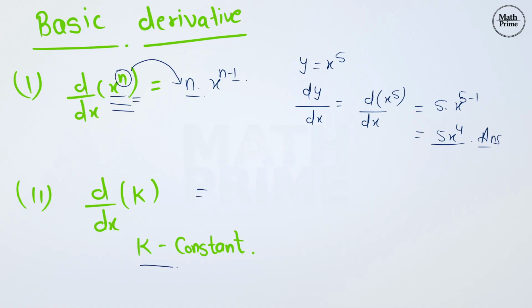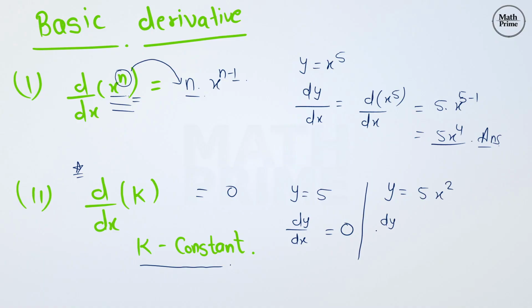If k is any constant, then its derivative is 0. Like y is equal to 5, then dy by dx is 0. Also, y is equal to 5x square.